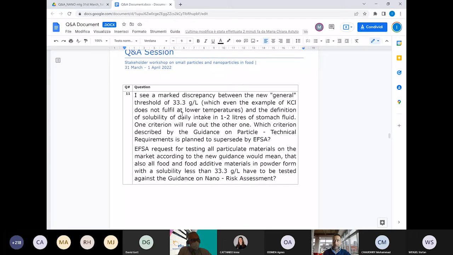In any case, information about the dissolution rate is absolutely essential, because if this assessment route is not met, so the criterion linked to this assessment route is not met, the material should be investigated in terms of number-based particle size distribution. So the quick answer is solubility is generally the simplest way to start.